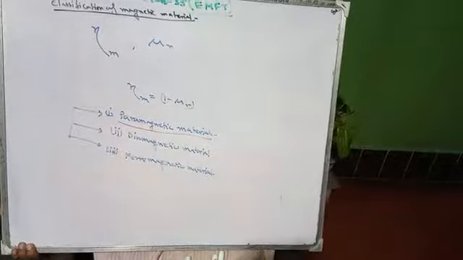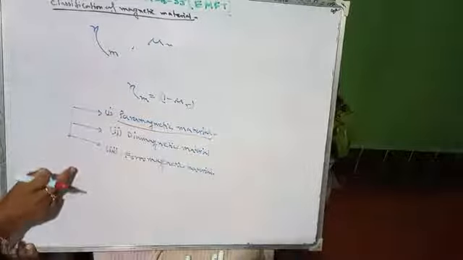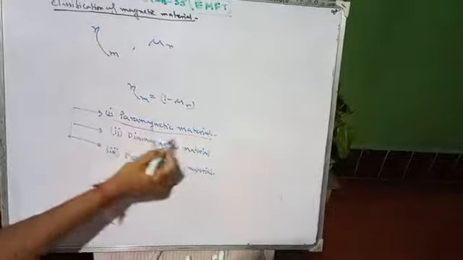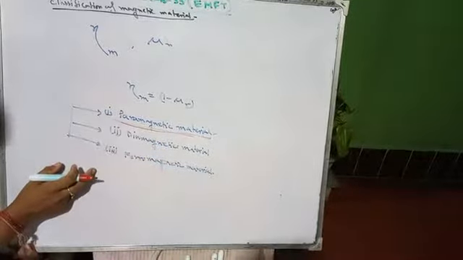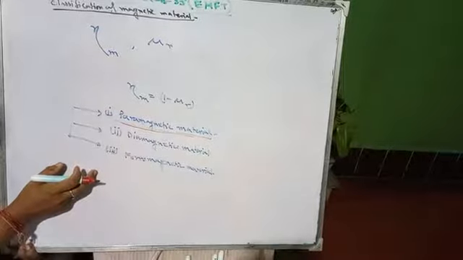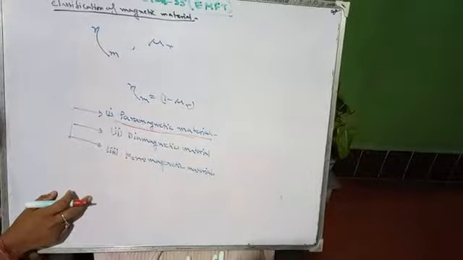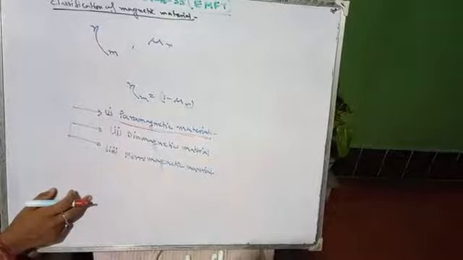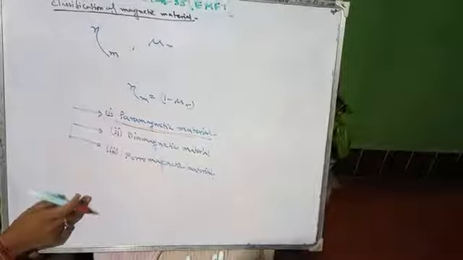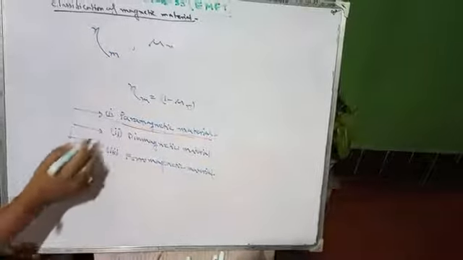So actually what the paramagnetic material does, in the absence of any applied external magnetic field, the permanent magnetic dipoles in a paramagnetic material are randomly aligned and thus do not have any magnetism, and thus the average magnetic field is also B equals 0.